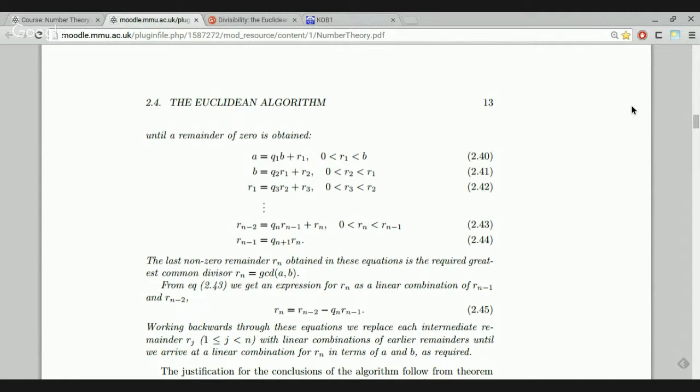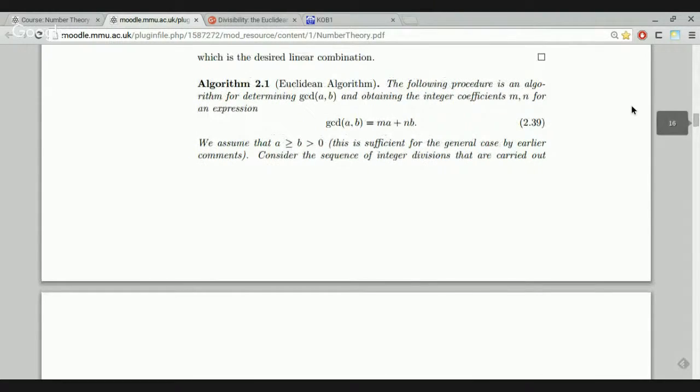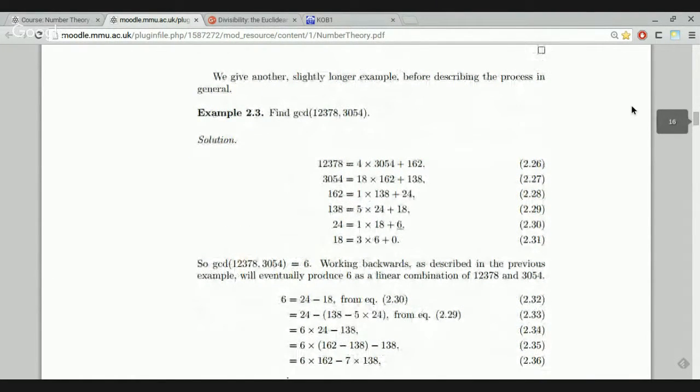What are Q1, Q2, Q3? Those are the quotients appearing. A is Q1 times B plus R1. So the Q's are like the 4, the 18, the 1, the 5, and the 1, and the 3. We kind of discard them at each stage.